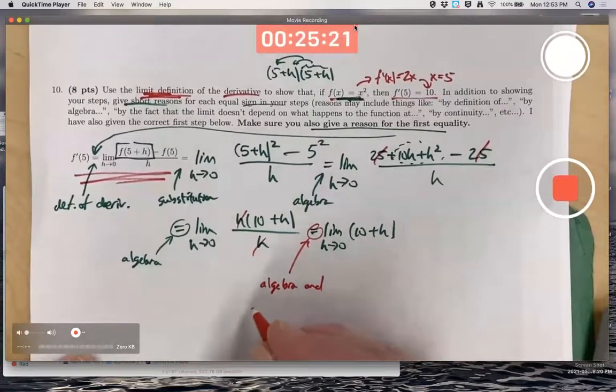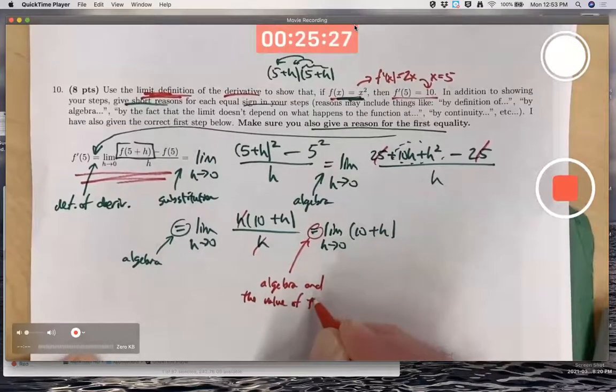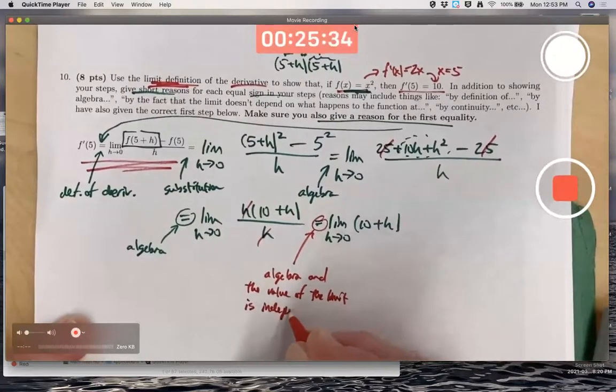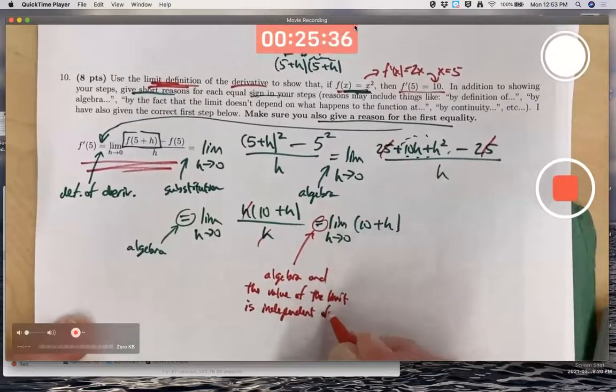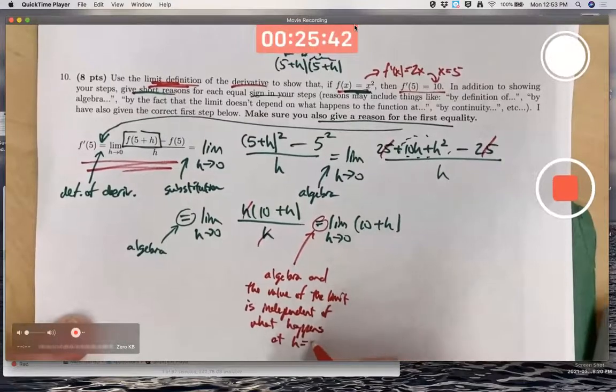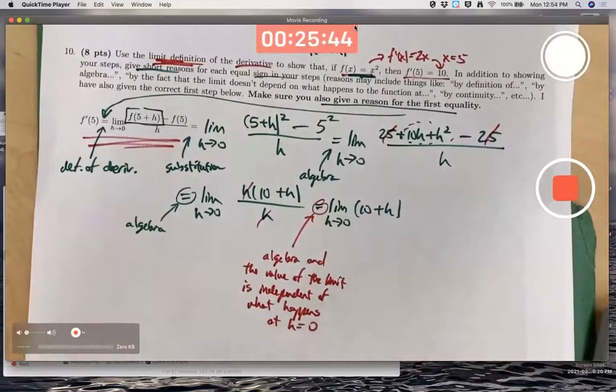So one way to phrase the reason is you could say the value of the limit, assuming it exists, is independent of what happens at h equals 0 in the abstract. That's one way to give the reason, kind of a wordy way.